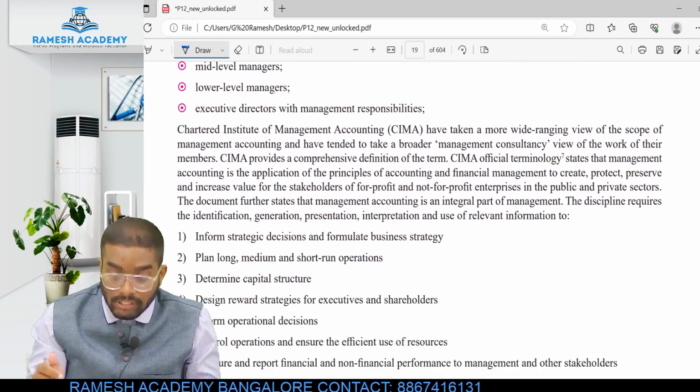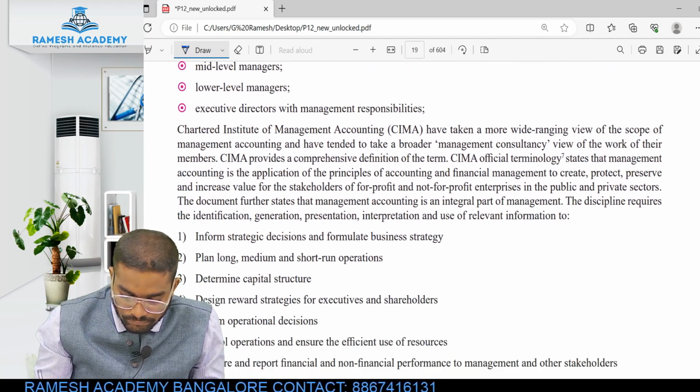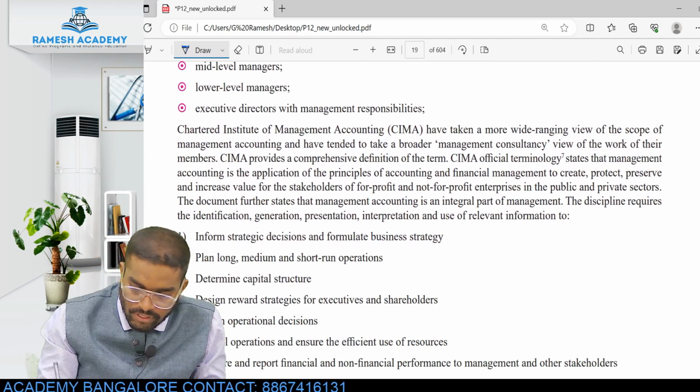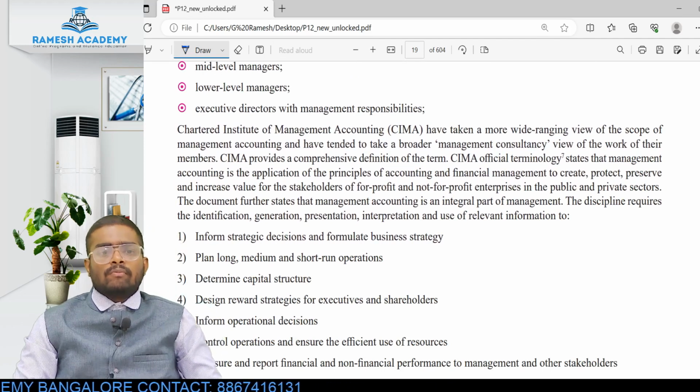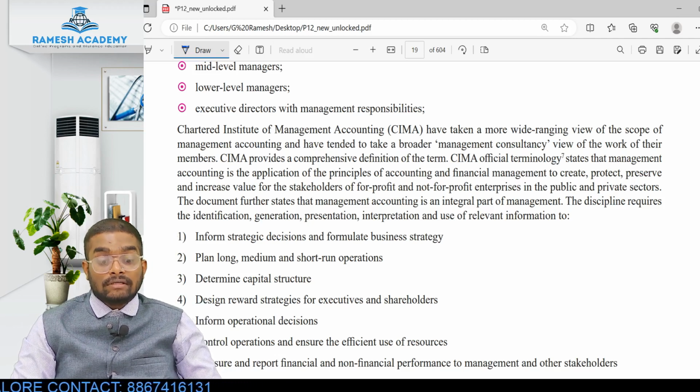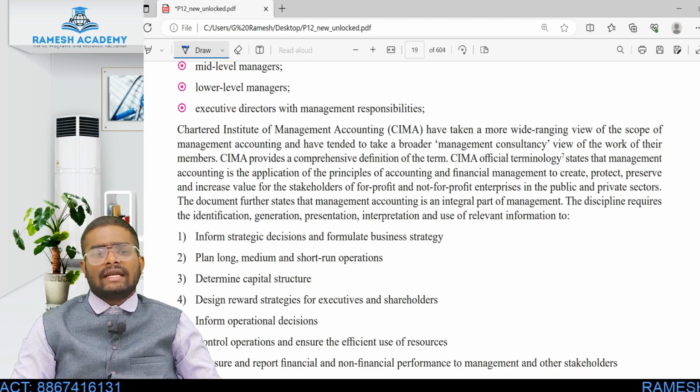Now we'll come to the uses of management information. So management accounting helps us to take decisions and formulate a business strategy. So what is business strategy?